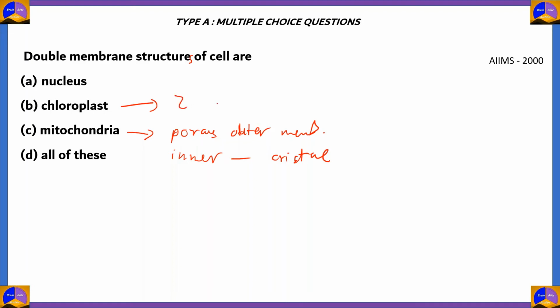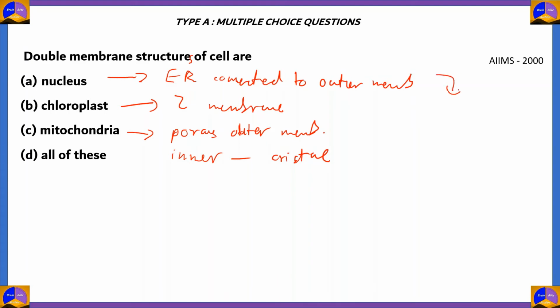Chloroplast also has two membranes, and the nucleus has ER connected to the outer membrane, and the inner membrane binds the nucleoplasm. It keeps the nucleoplasm together.